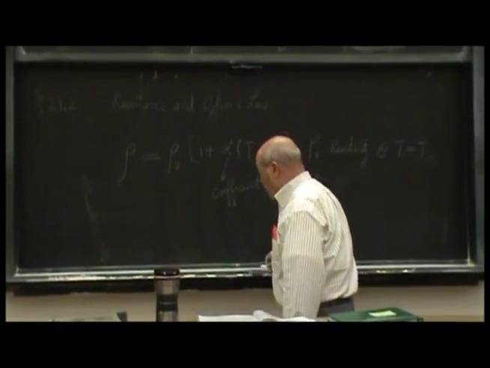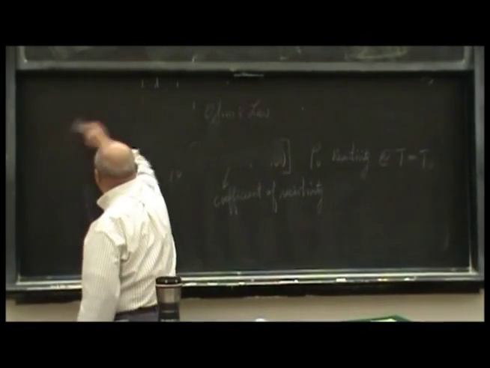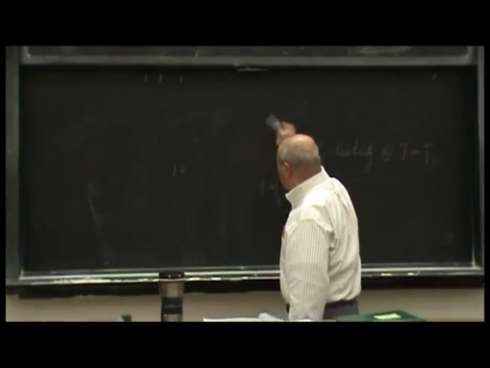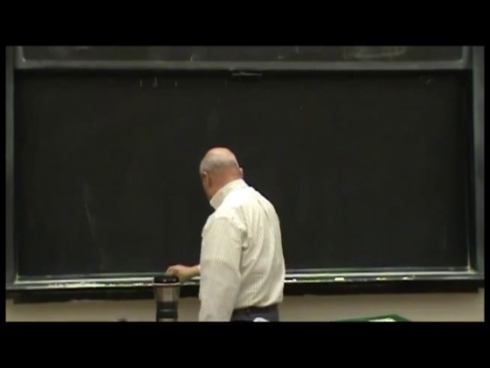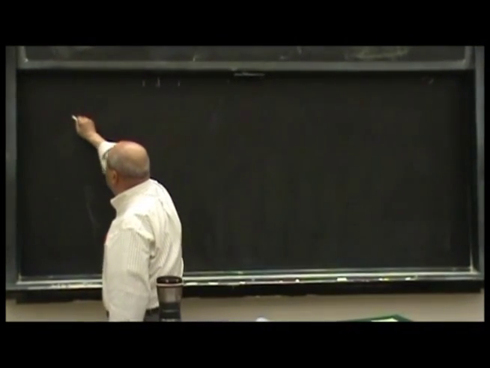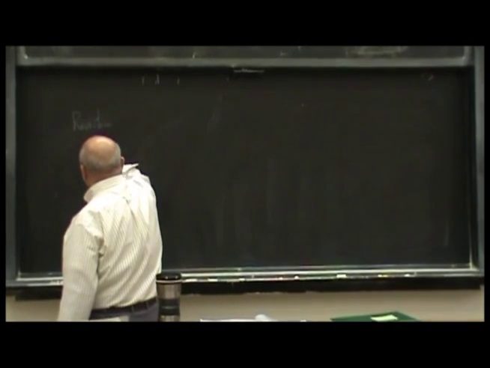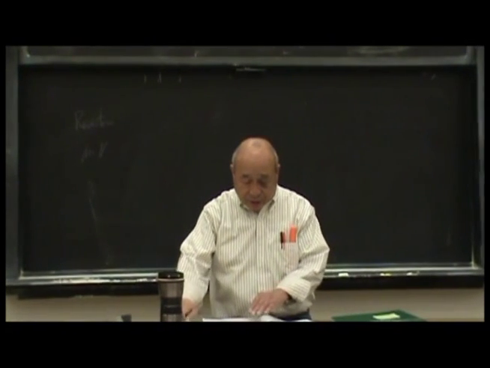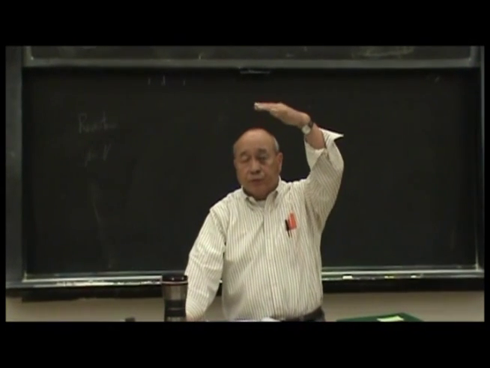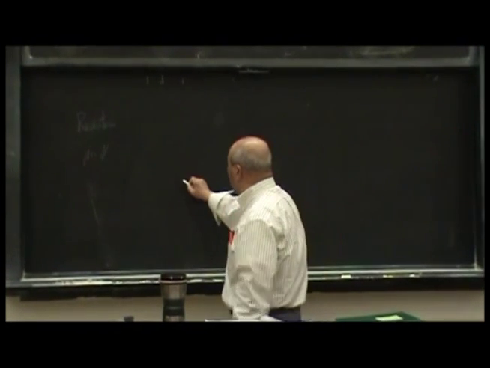So the next thing we would like to talk about is resistors in parallel. The one above is resistors in series, and now we have resistors in parallel. The characteristic of resistors in parallel is that for each resistor the voltage is the same because it's parallel.